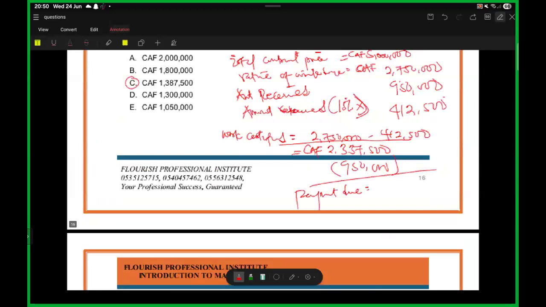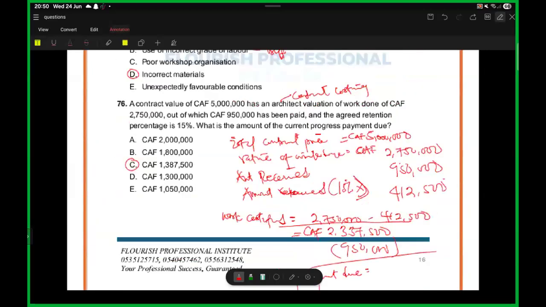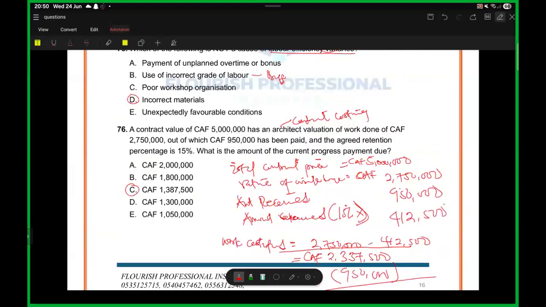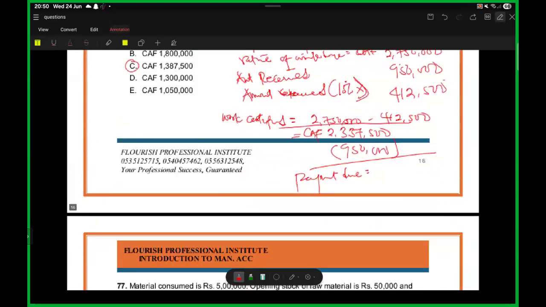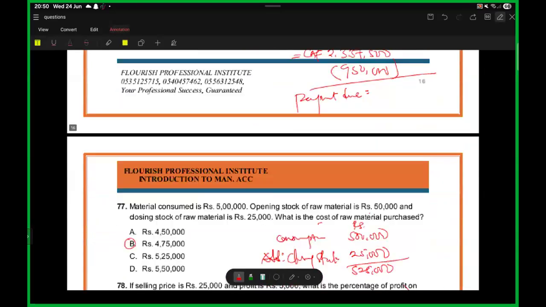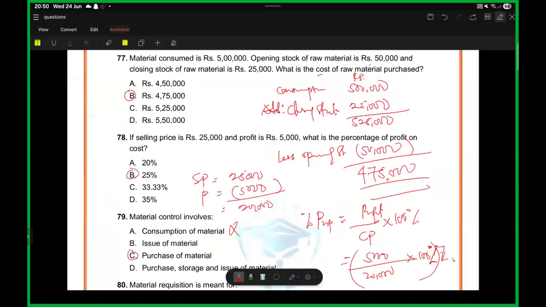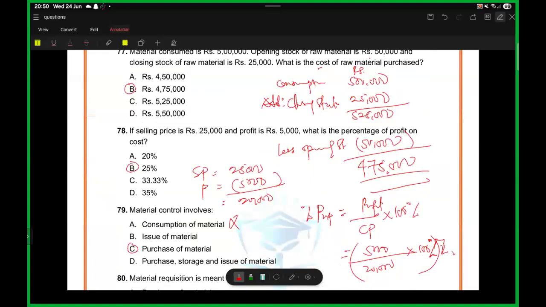And then 80, material requisition is meant for A, purchase of material, B, supply of material from stores, C, sales of material, and D, storage of material. So the material requisition involves supplying materials from the storehouse.